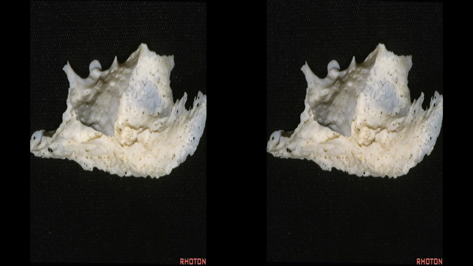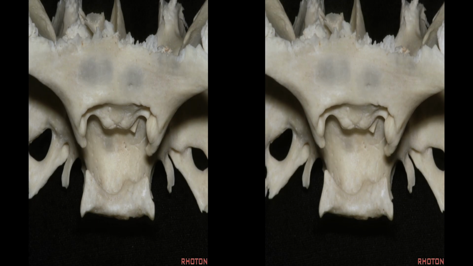Now, what is this terrible looking bone? Is that a fish? That's inferior turbinate, which is its own bone. And we look at sphenoid bone now from above.